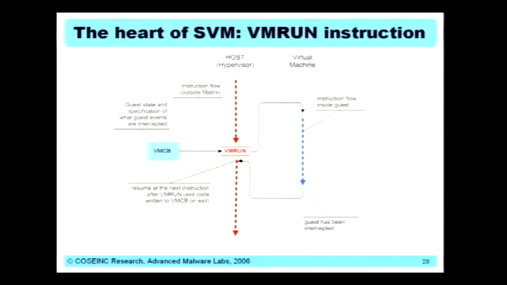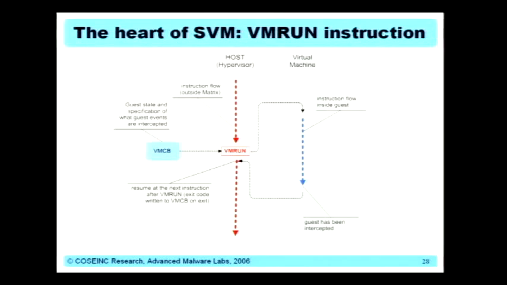One part is the state of the guest, and the other part is the control block. The state contains information like the RIP register, RSP register, segment registers, and all the other state necessary to create a virtual machine. And the control block contains information about what kind of events you would like to intercept.